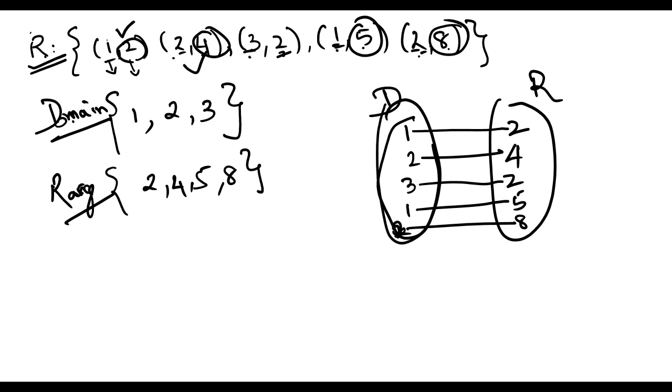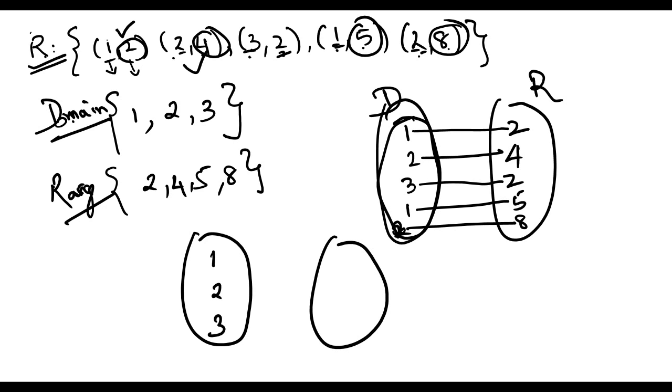So instead of writing the same numbers repeatedly, we can just write 1, 2, 3, and we can see how it is related. 1 is related to 2, and 1 is also related to 5. So this has 2, 4, 5, and 8. So you can draw like this. 2 is related to 4, and 2 is also related to 8, right? 3 is related to 2.